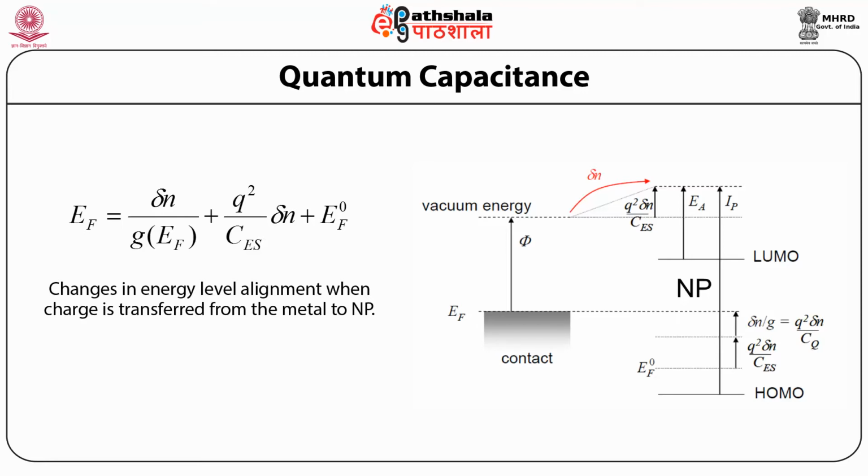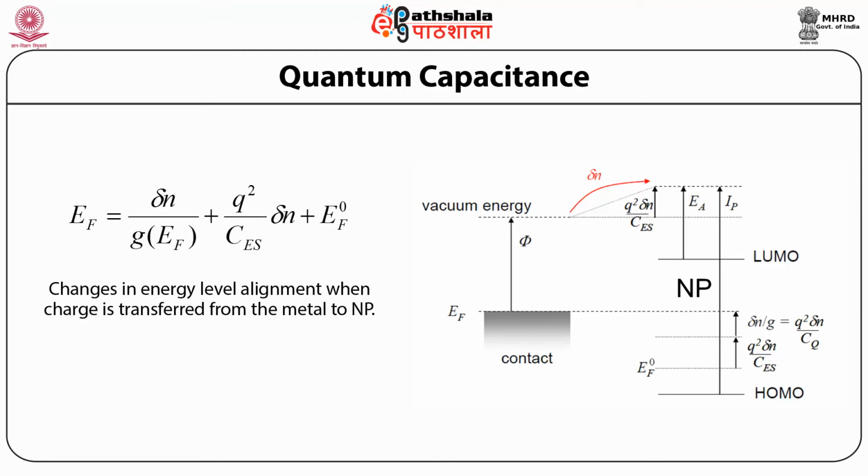Charging of the nanoparticle corresponds to applying a voltage across the interfacial capacitor, thereby changing the potential of the nanoparticle, leading to the shift of the vacuum level and the nanoparticle's location, shifting all the nanoparticle energy levels along with it.